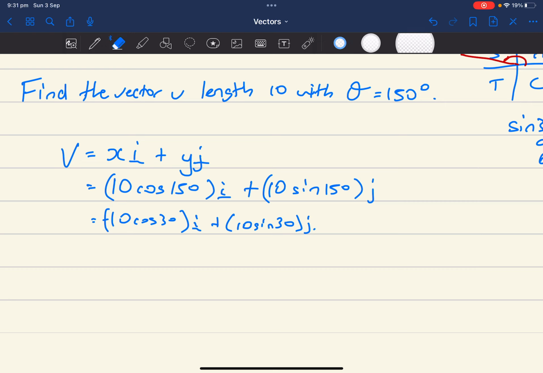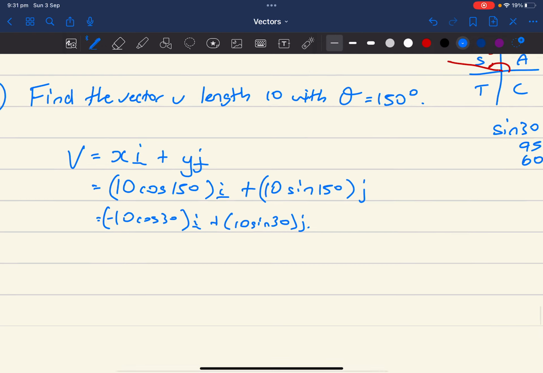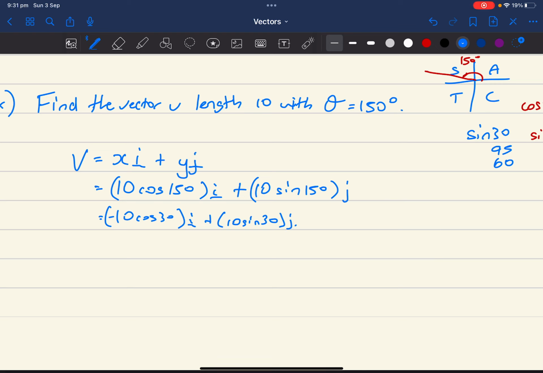And if you're not too sure about the exact values, you can quickly search it up and it will give you a table. But for cos 30, you should have root 3 on 2, I believe. So when you simplify this, you get negative 5 root 3 i.